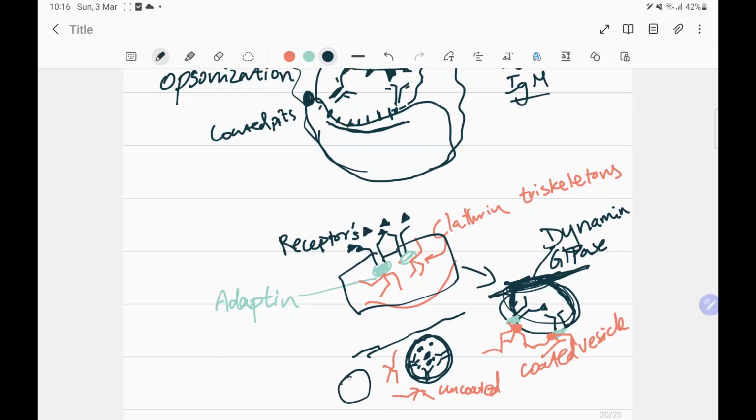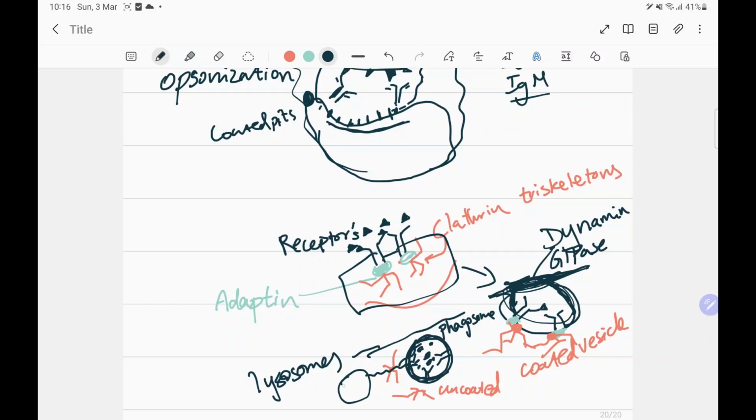So lysosomes are supposed to come over here and fuse with the vesicle that you just got into the cell. The vesicle you just got in, we call it a phagosome.